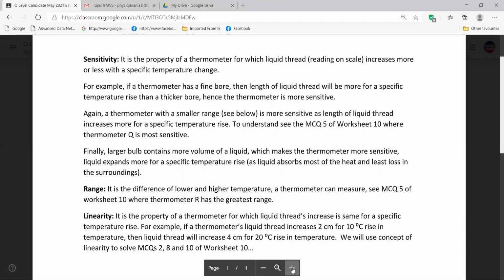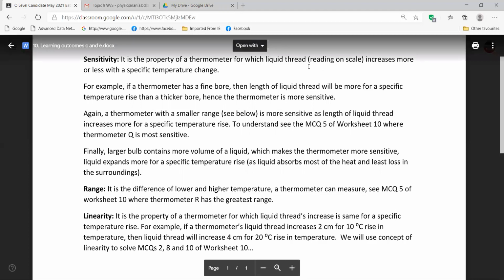So here we have sensitivity, right? Sensitivity is related to the liquid thread of the thermometer. The liquid level rises and it goes down.